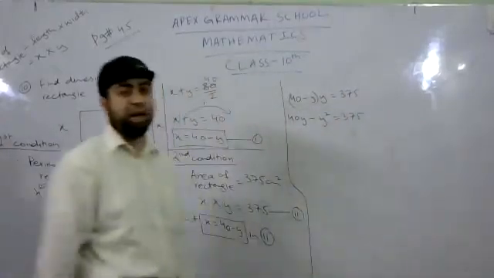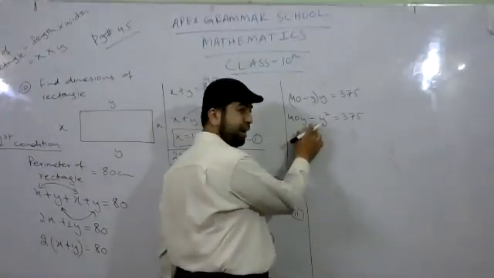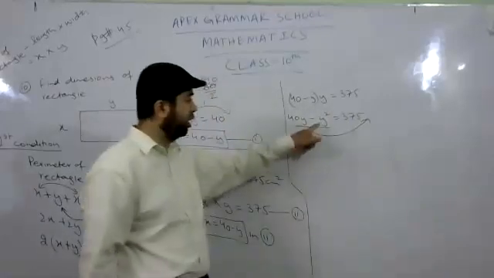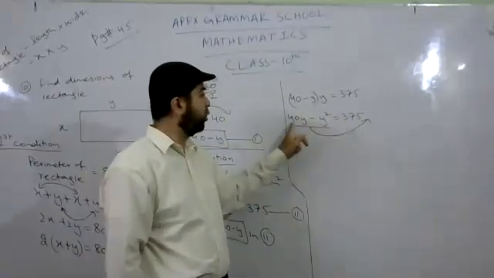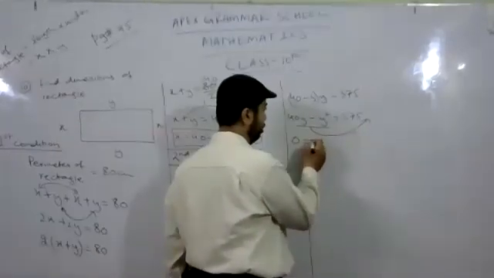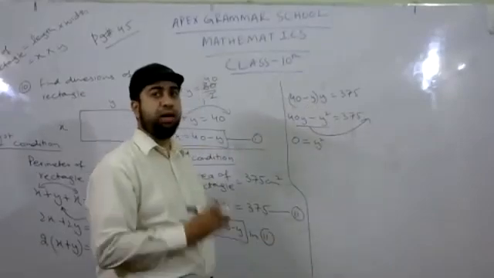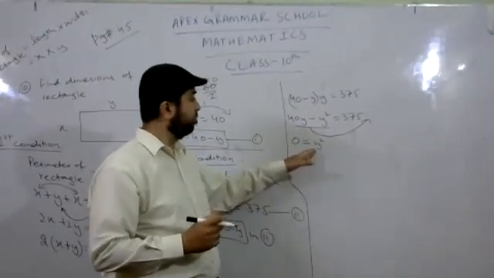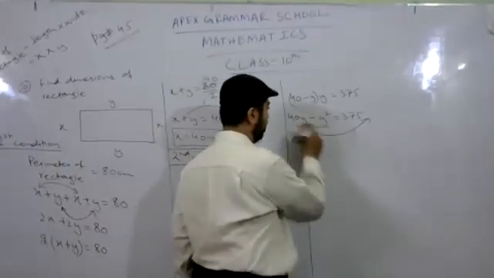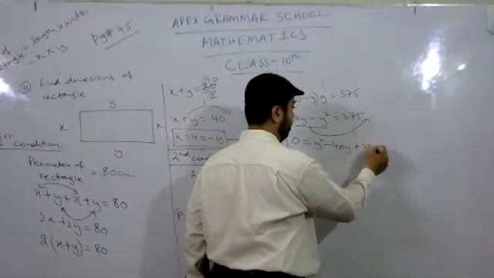Now this is going to become a quadratic equation. Because this y square is negative and these values will be positive there. This y square will be positive and this 40y will be negative. So you can write it as 0 is equal to y square, according to the descending power order: y square positive, after that negative 40y, and then plus 375.